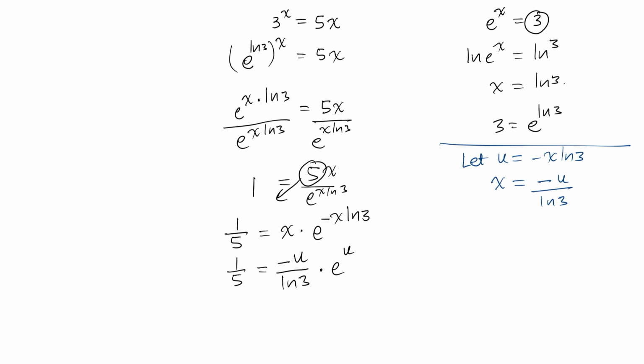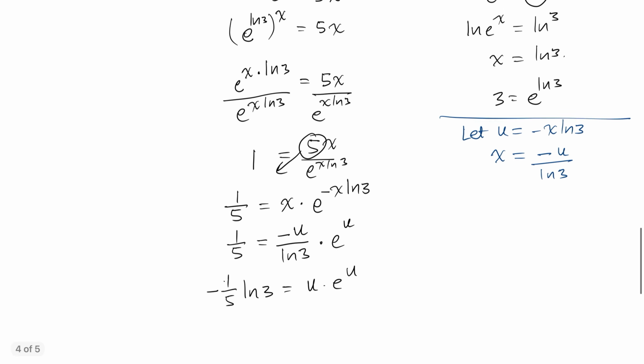Now we almost have it in the format that we need. So I'm going to cross multiply. So I'm going to have minus 1 over 5 ln of 3, and that's going to equal u multiplied by e to the u. Now I can take W of both sides. So W of minus 1 over 5 ln of 3 equals W of u multiplied by e to the u, and we know that this is u.